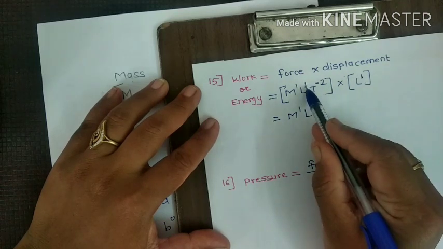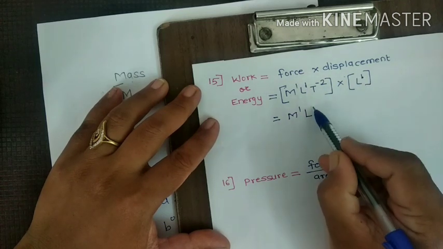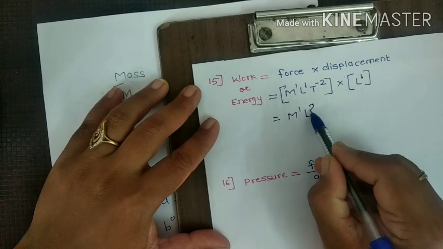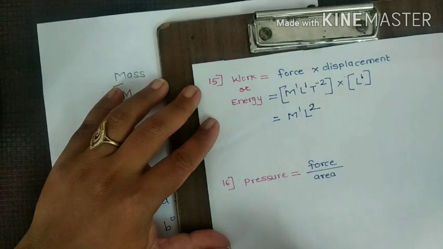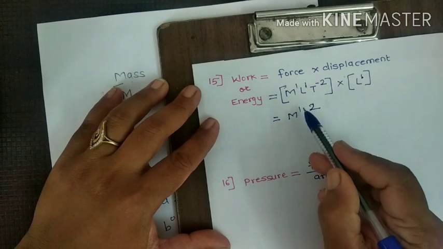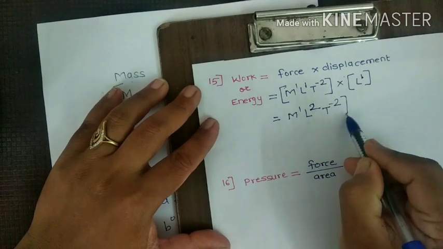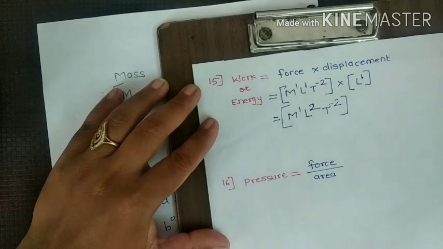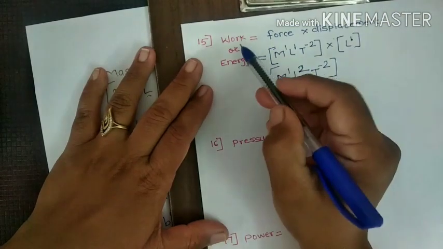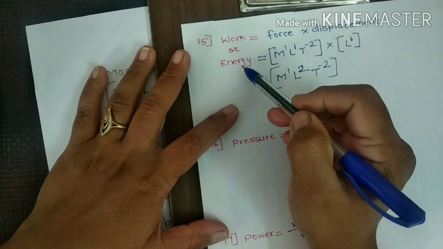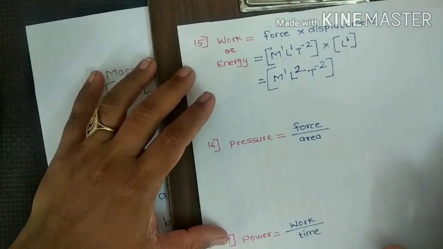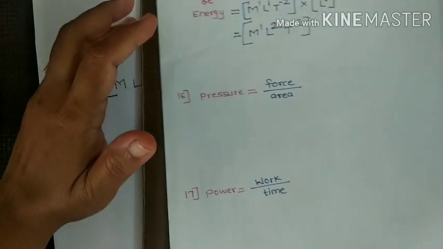That is L^(1+1), that is L^2. M^1, L^2 and T^-2. These two physical quantities, work and energy, have the same dimensions.